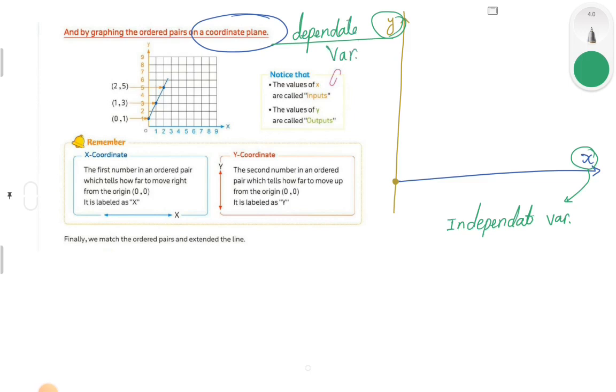It's always x is the independent and y is a dependent variable. Okay. Our last equation was y equal to 2x plus 1. X independent and y dependent or depend on the value of x. Every time I change x value, I find a different value of y.